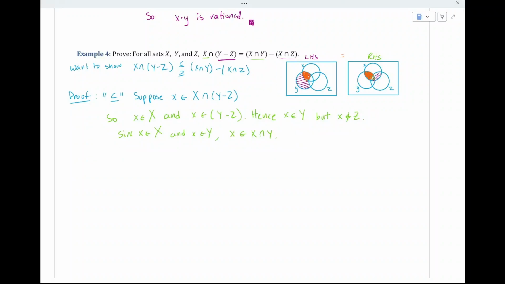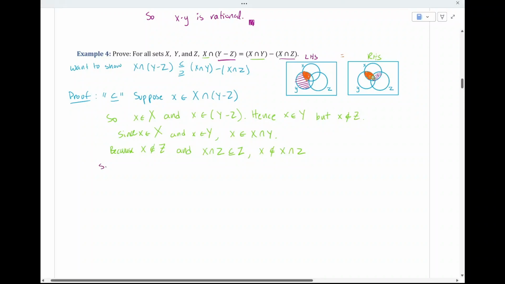Because, oops, I said sin, and I meant to say since. Because x is not an element of Z, and X intersect Z is a subset of Z, x is not an element of X intersect Z.